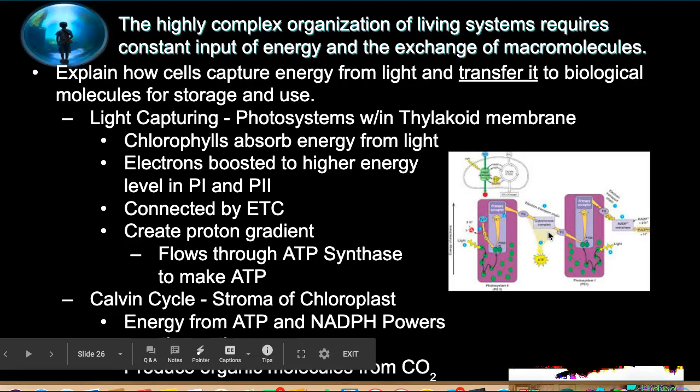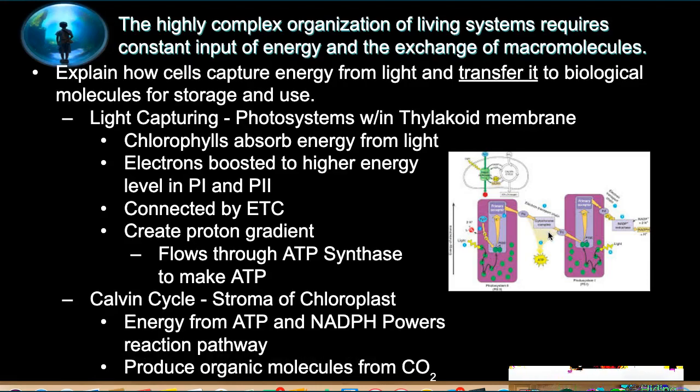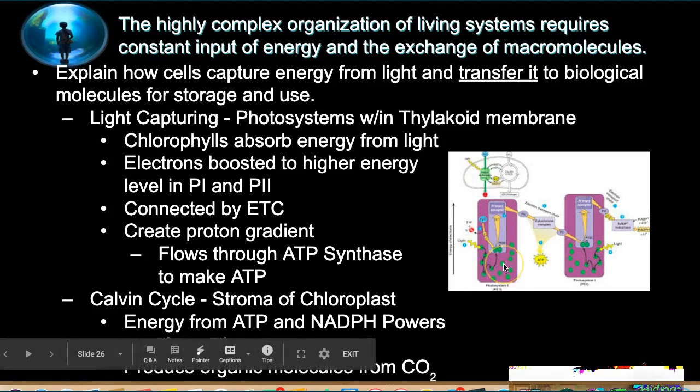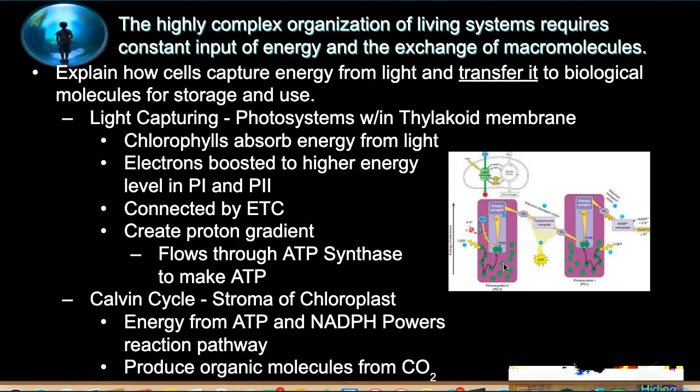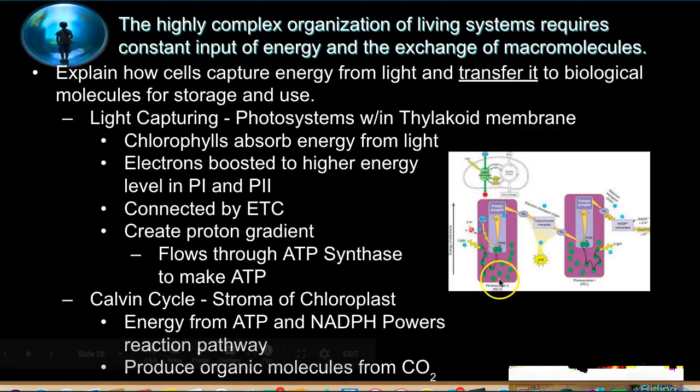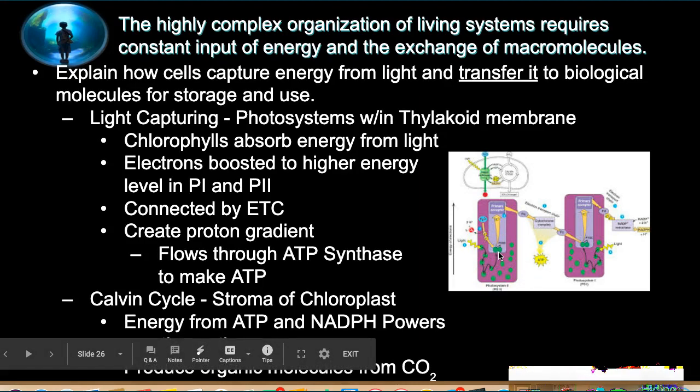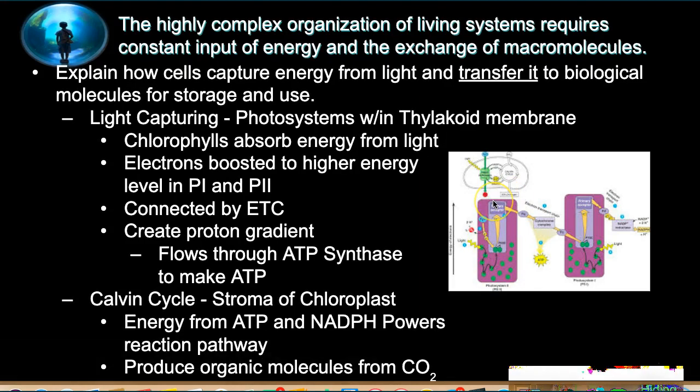Okay, how they capture energy from light and transfer it. So we've kind of already talked about capturing light. You might go a little bit more into the photosystem concept and how electrons are jumping from one photosystem to the next, or one chlorophyll molecule to the next, till they get to a reaction center where the electrons are boosted to a higher energy level.